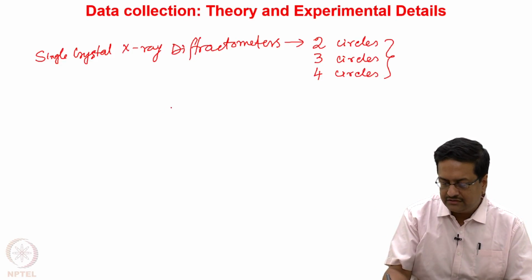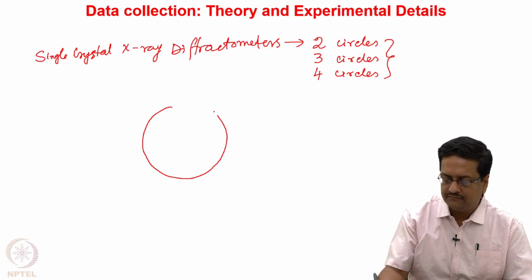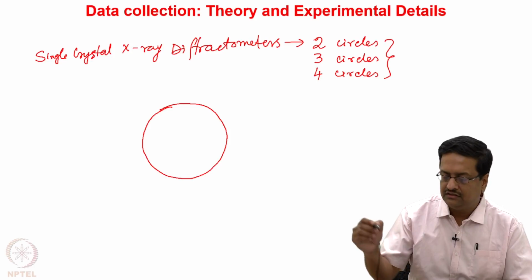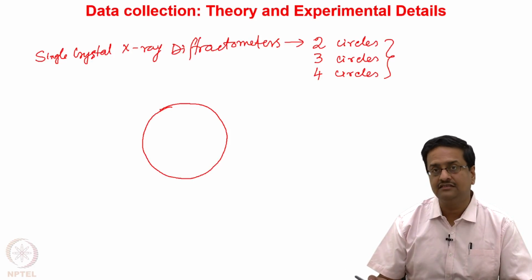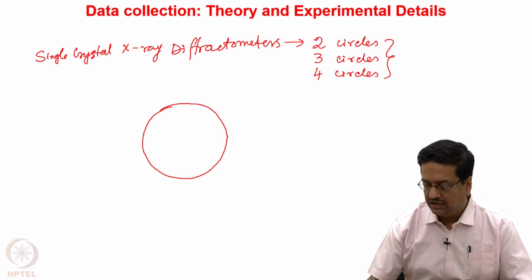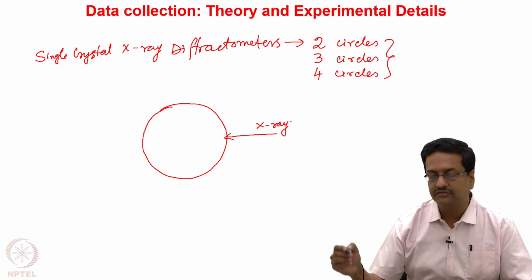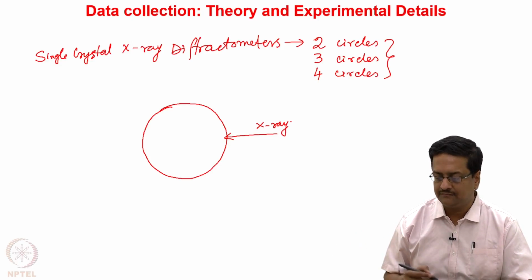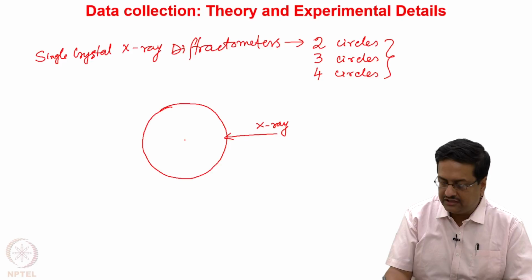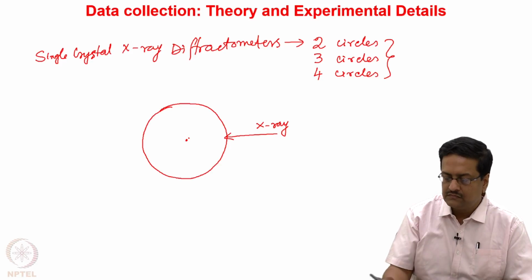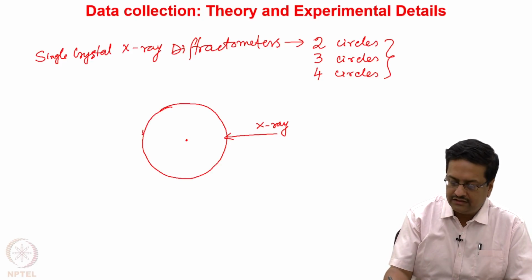In an X-ray diffractometer, if this is the base of the diffractometer on which all these axes are mounted, and the X-ray beam comes from the right side and the source is fixed, you have a crystal in the middle and a detector sitting behind that.